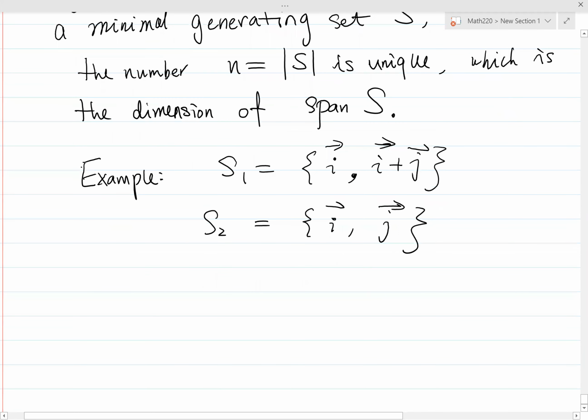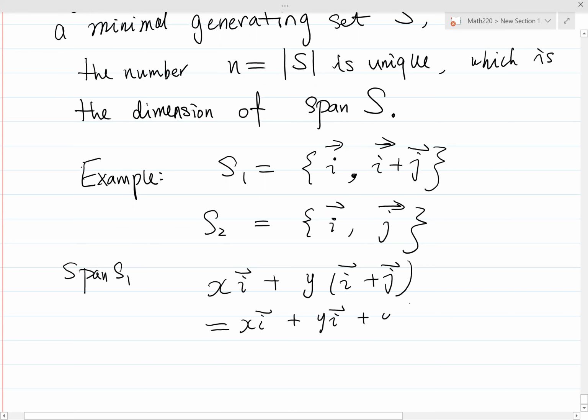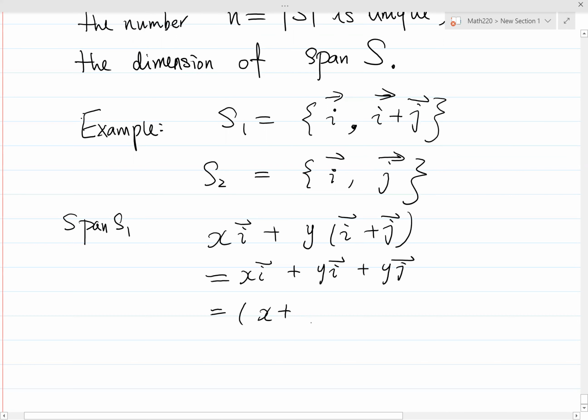You see the span of S1. How do we get a vector in span S1? It is x times i plus y times i plus j. If you distribute, you get xi plus yi plus yj. So you see, it is some multiple of i plus some multiple of j added together.